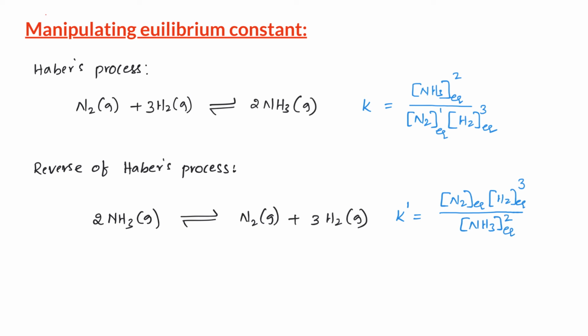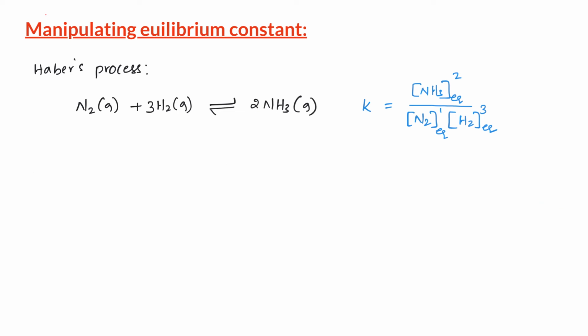Let us now express the new equilibrium constant K prime in terms of the old equilibrium constant K. As you can see, this value can be written as 1 over K. In other words, if we flip a reaction, the equilibrium constant of the new reaction is the reciprocal of that of the original reaction.